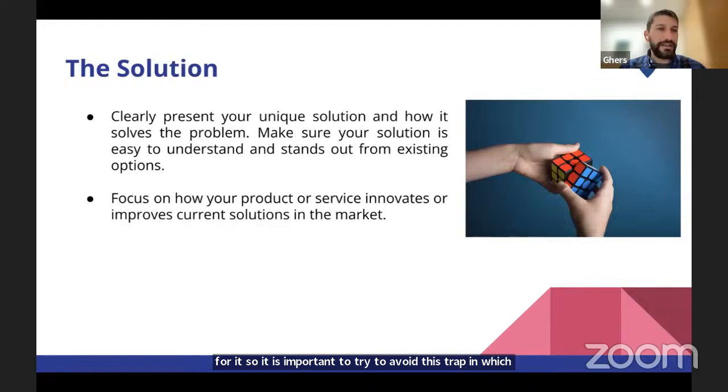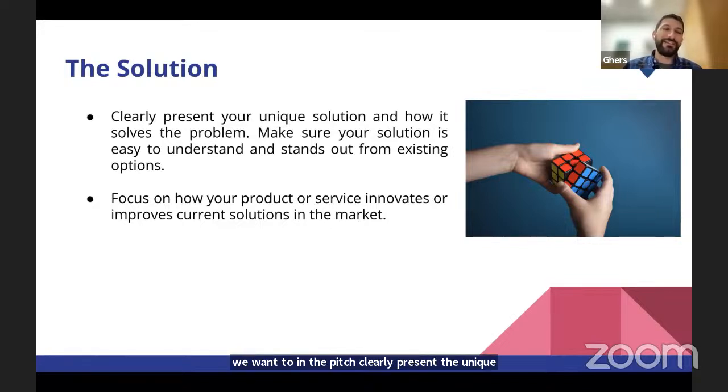So after the problem, we talk about, of course, the solution, what we're doing to address this problem, right? We want, in the pitch, to clearly present the unique solution that we're providing and how exactly it's solving the problem.